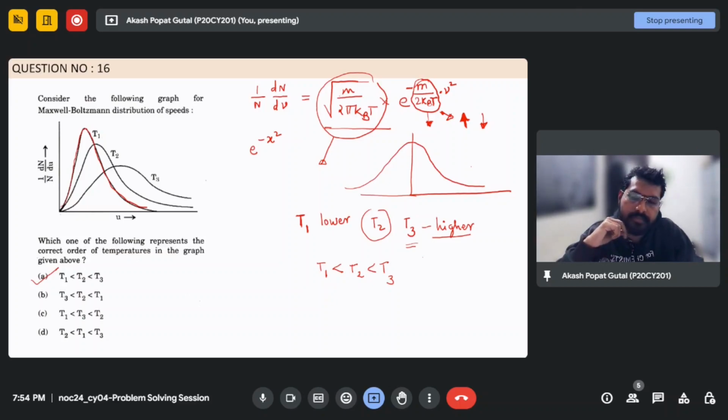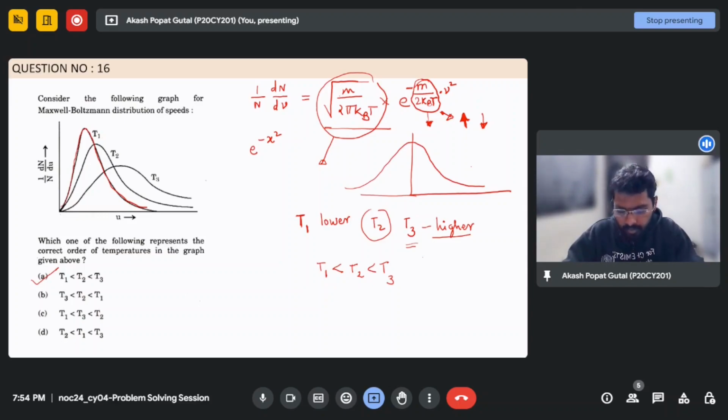So temperature T1 is less because there the number of particles is least and the velocity is the same. But in T2 the number of particles is more than in T1, and the same for T3.